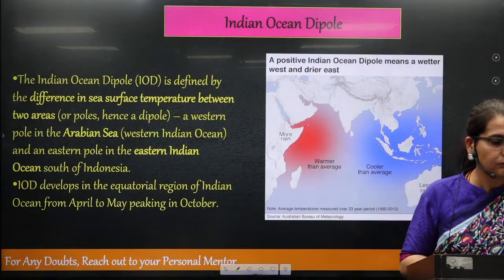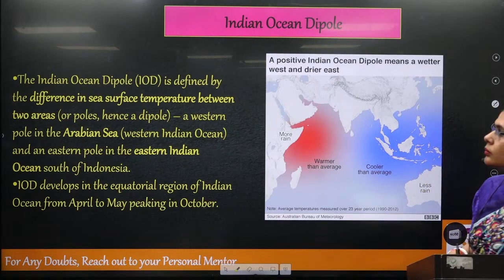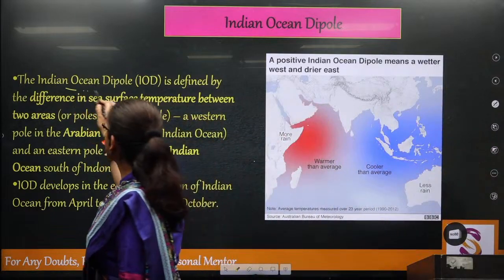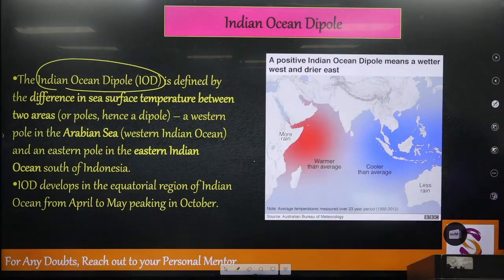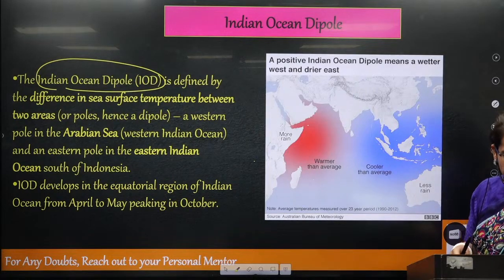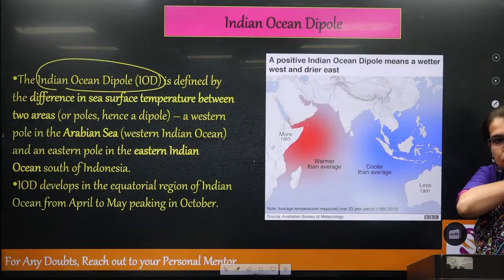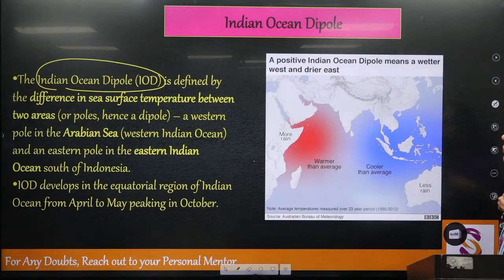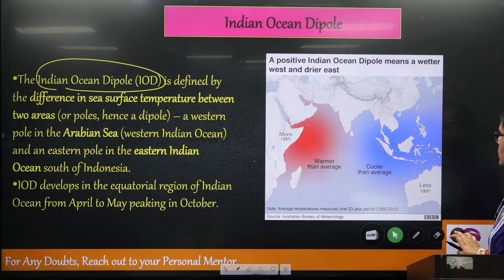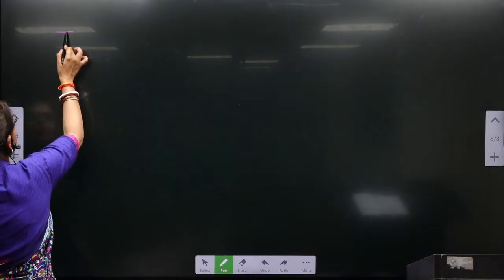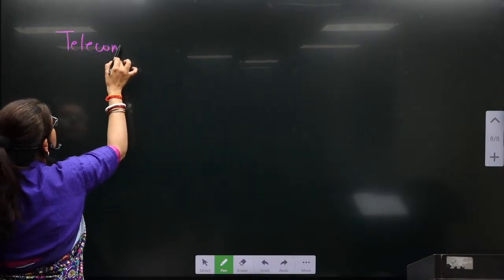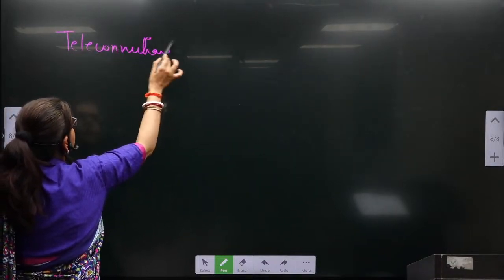Next, IOD, Indian Ocean Dipole. So you can also write about teleconnections. Just one point.